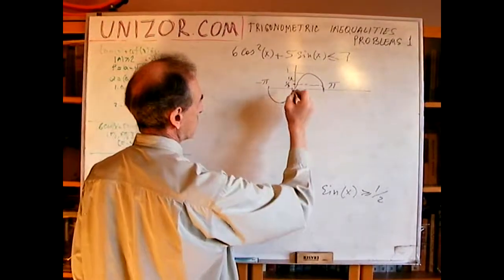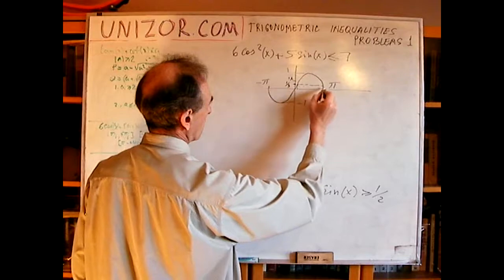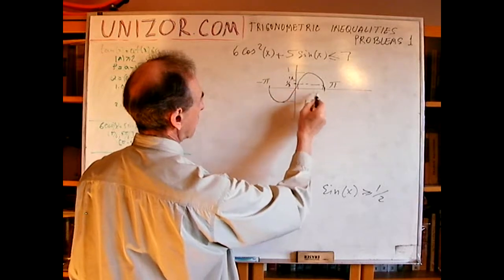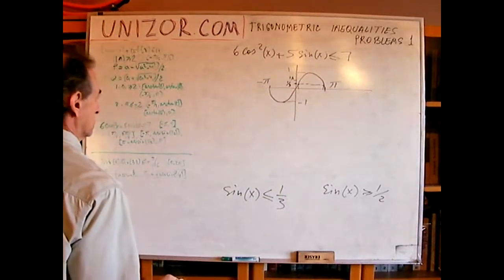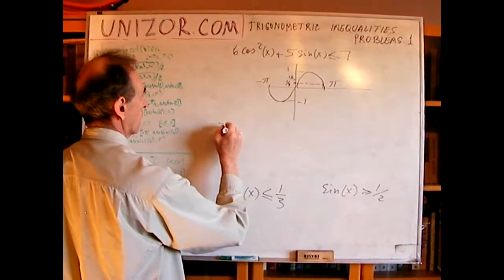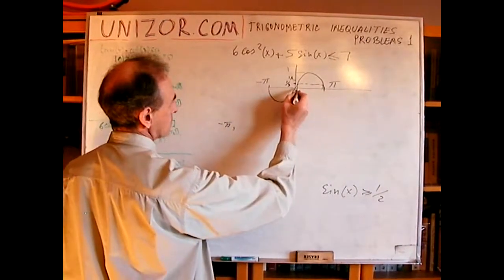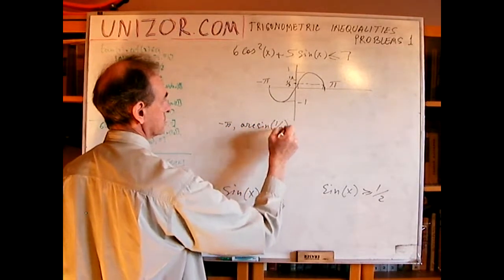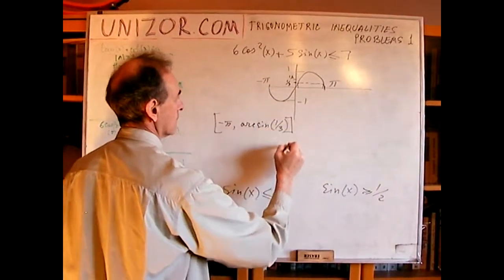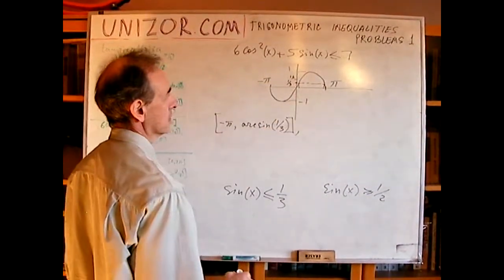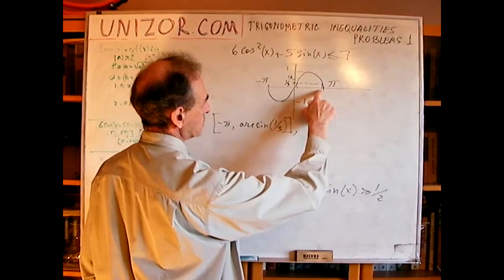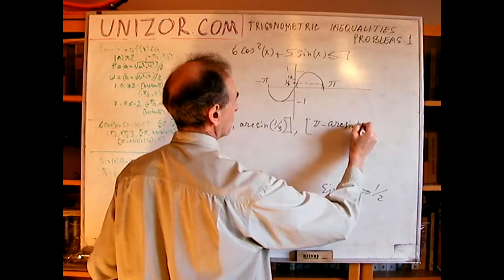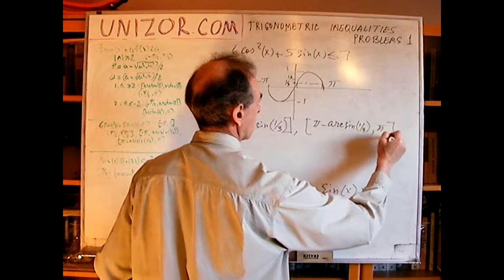So less than 1/3 is everything from minus pi to this point and from this point to pi, right? So from minus pi to this point. This is obviously arc sine of 1/3. That's one interval. And the second interval, greater than this particular point. Now this particular point is pi minus arc sine of 1/3 and ends at pi.